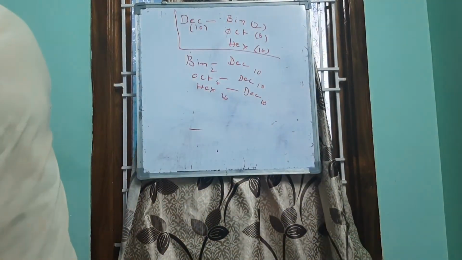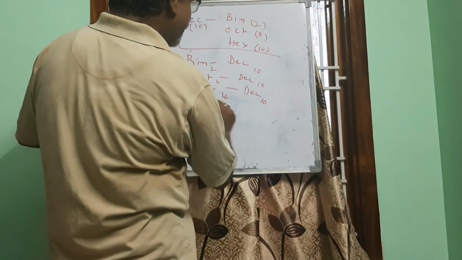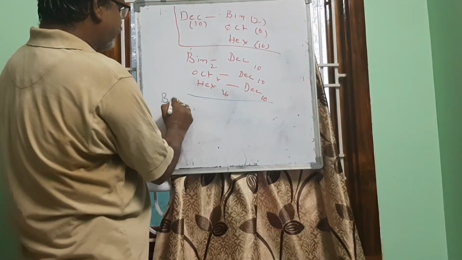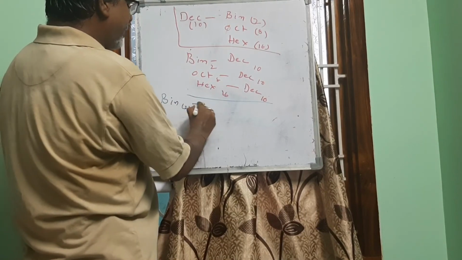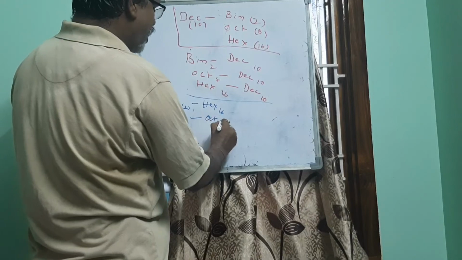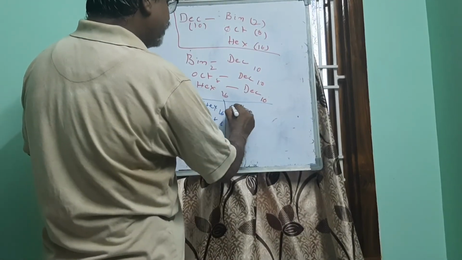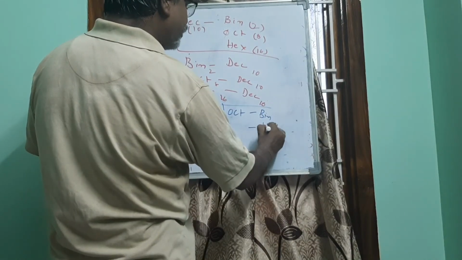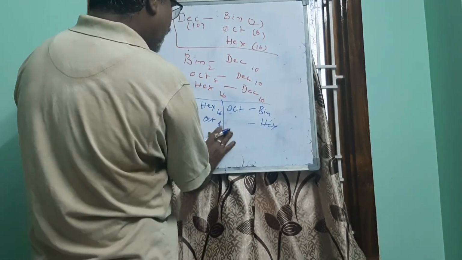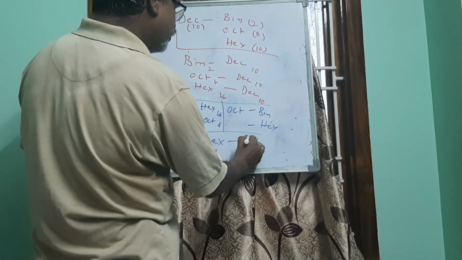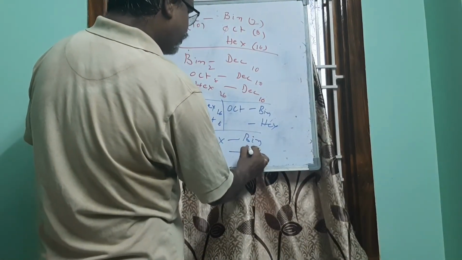And in the remaining examples, we have seen some examples of converting a binary value to hexa, a binary value to octal. Like that, an octal value converting to binary, an octal value converting to hexa, and at the end we have seen how to convert a hexa value to binary and a hexa value to octal.